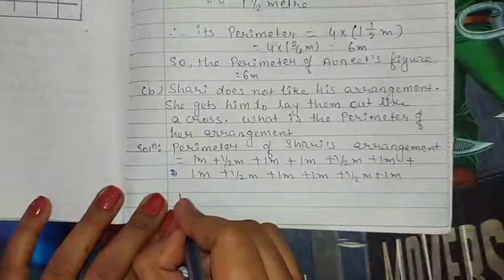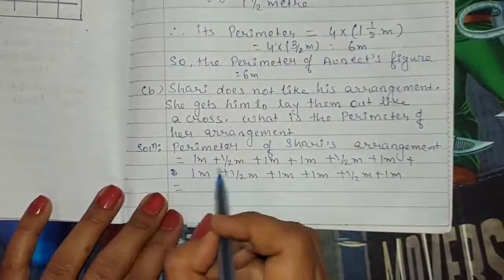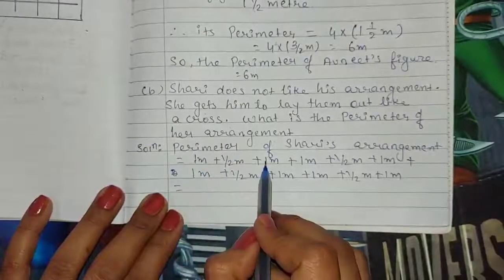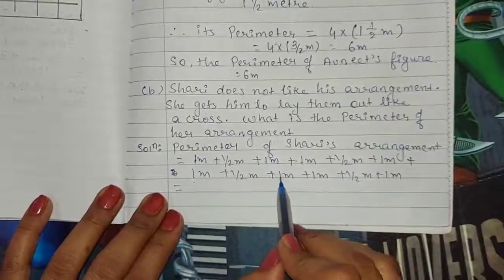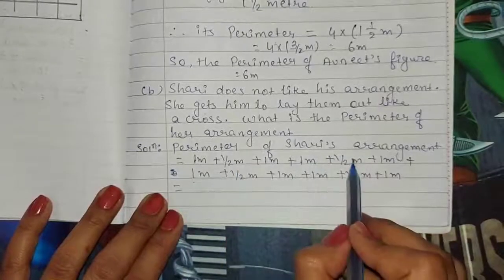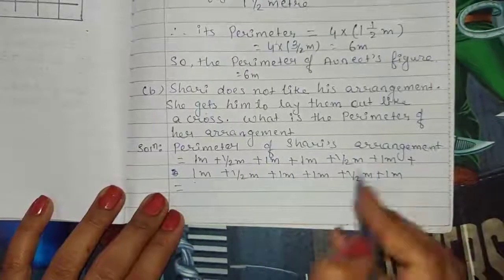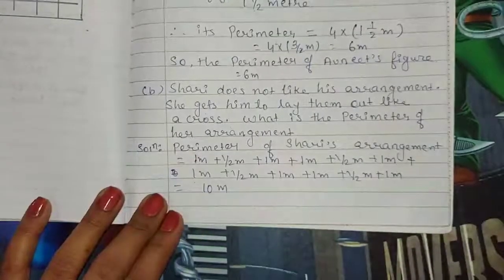So this is the arrangement of Sherry's slabs. Let us count this. First of all, count the 1 meters: 1 plus 1 is 2, plus 1 is 3, 4, 5, 6, 7, 8, and half plus half is 1, so 9, and another half and half is 1, so 10. So 10 meter is the perimeter of Sherry's arrangement.